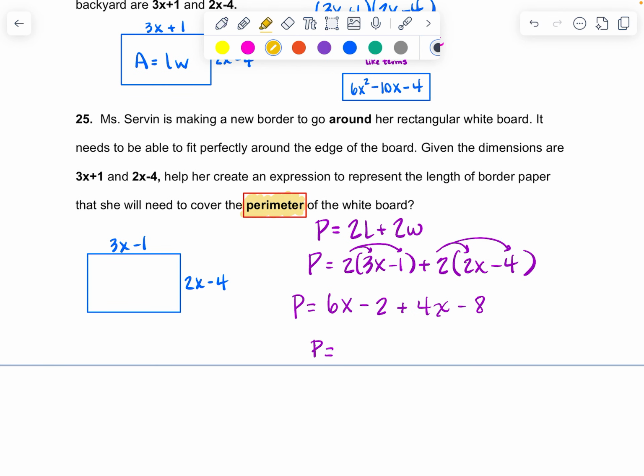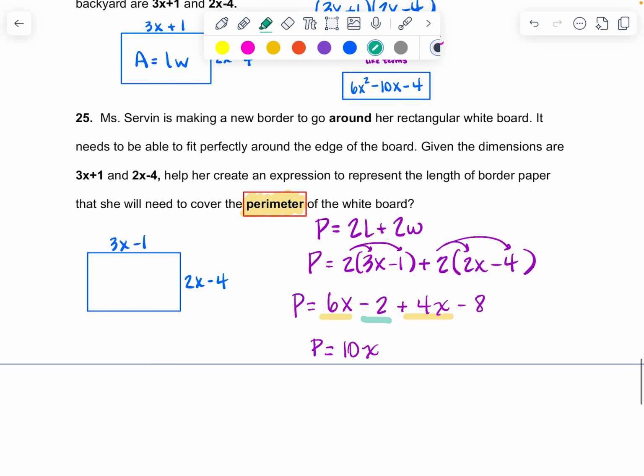But we still have some like terms because we've got a 6x with a 4x. They're both positive, which in total would give us 10x. And then, of course, we have the negative 2 and the negative 8 constants, and that's going to give us minus 10. And that would be our final expression for the perimeter.